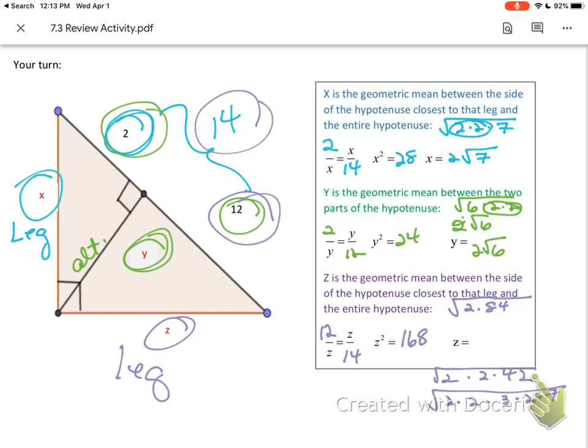Okay, so I have 2's come out as a single, and then I have 42 left inside because I have nothing else to pull out as a pair. So this is 2 root 42, and that ends that problem.